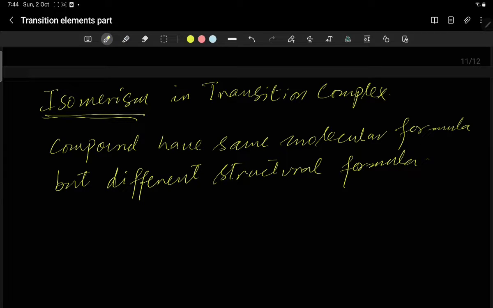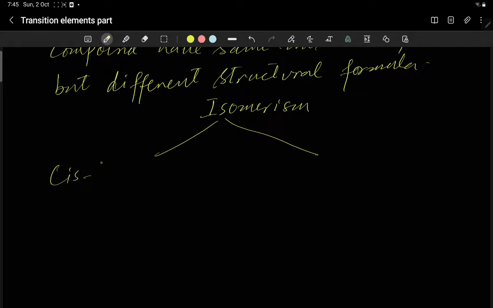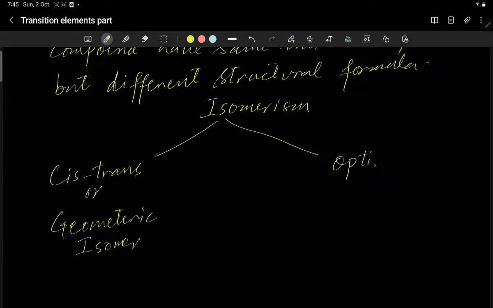In complex compound isomerism, there are two types: cis-trans or geometric isomers, and the second type is optical isomers. We discussed earlier in AS that optical isomers are two compounds that are non-superimposable mirror images of each other.